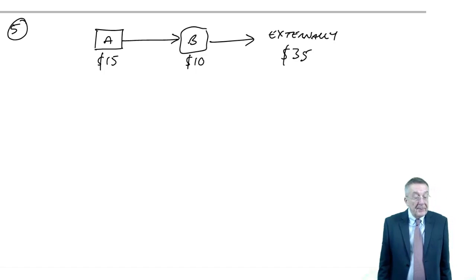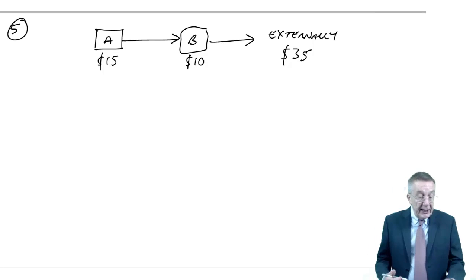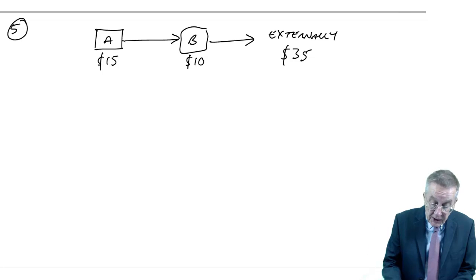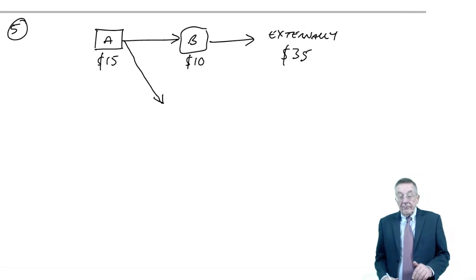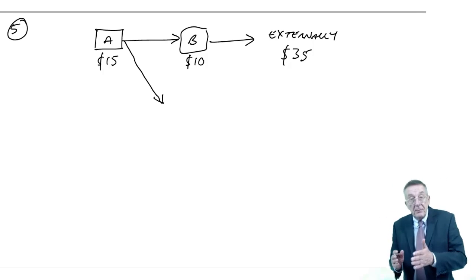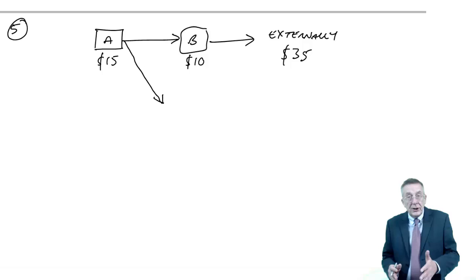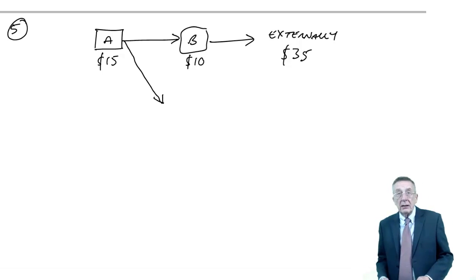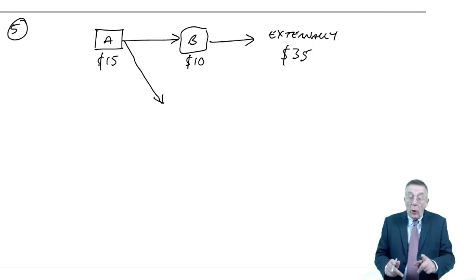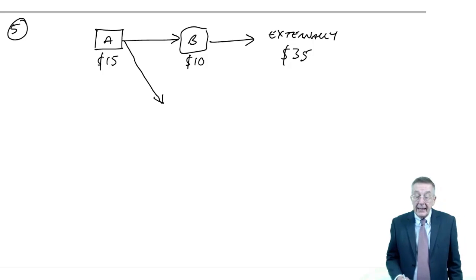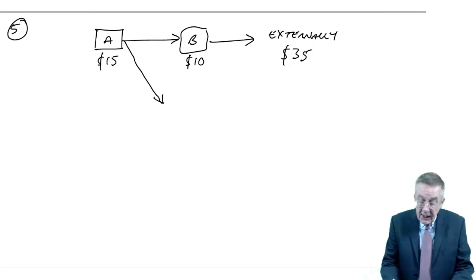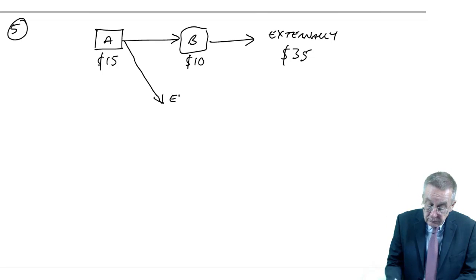Division A can sell these part finished units externally. So they can sell the units to B, and they're part finished because B then has to do more work on them. Or instead of selling them to B, they can sell them externally.